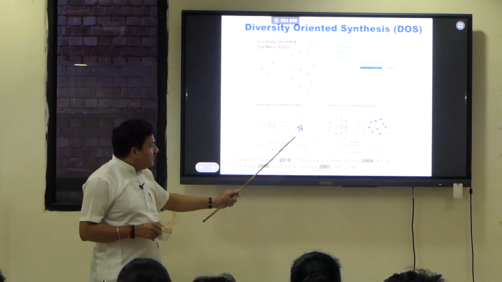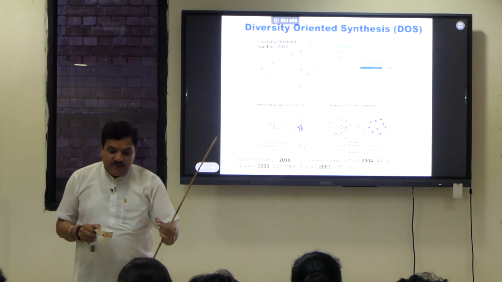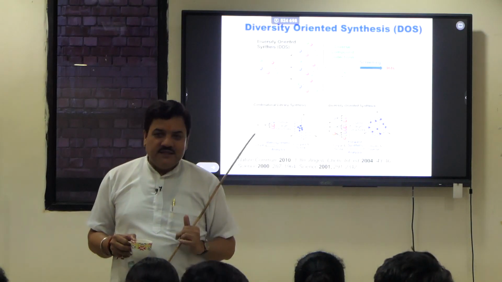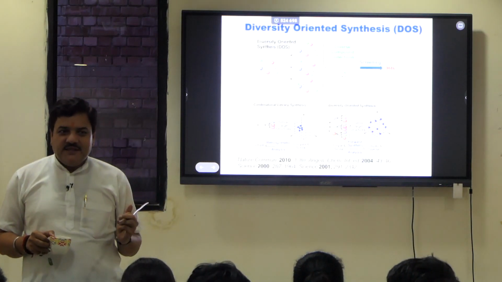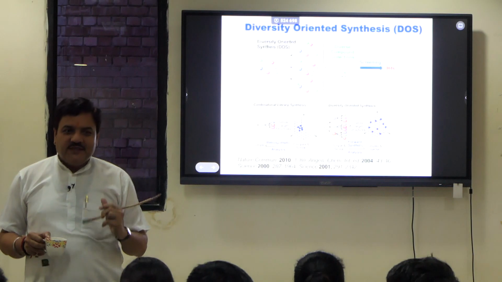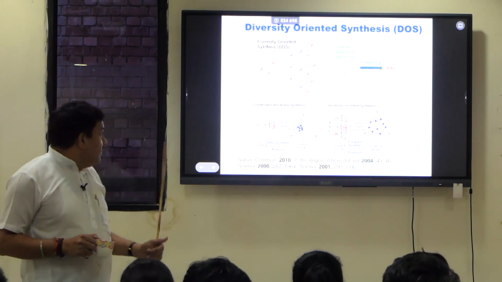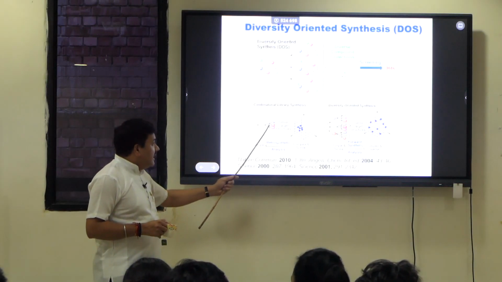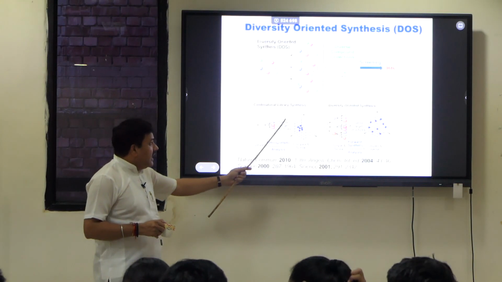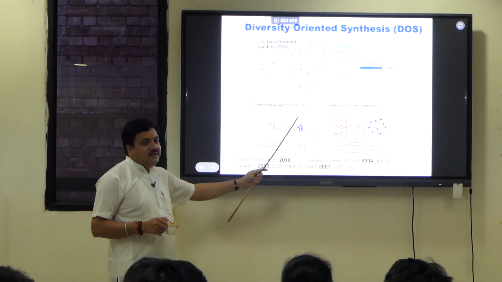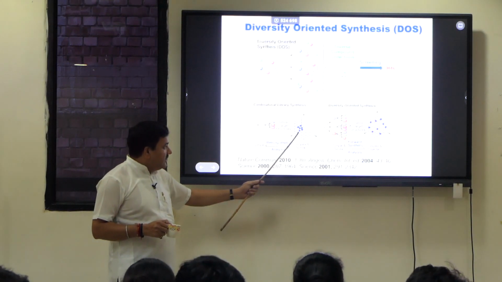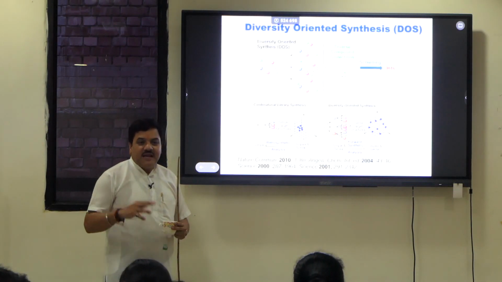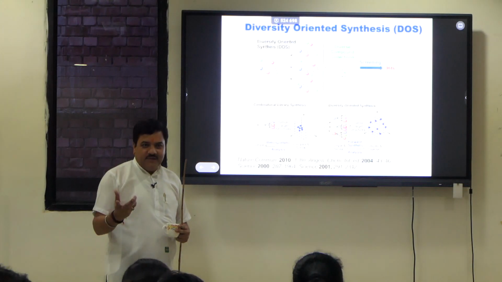This is another very systematic representation, a comparative study of the combinatorial approach and the diversity oriented synthesis approach, in the below diagram. If you understand this, then I think my job is done, that is, what diversity oriented synthesis is. If you see the below space, what's happening here: starting from a similar precursor, you make molecules hitting a similar target structure, and in this 3D chemical space, in these x, y, z coordinates, most of the molecules are sitting in only one place, meaning similar types of structure, not diverse enough.